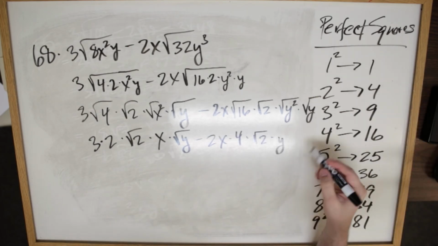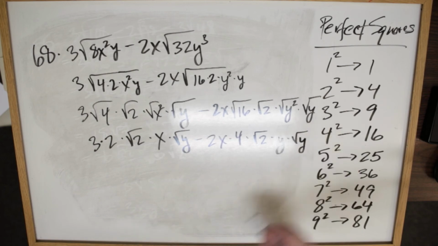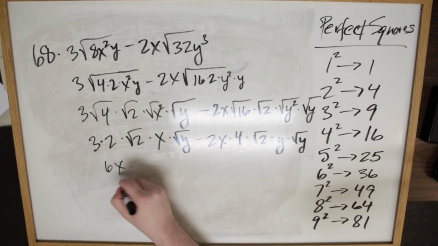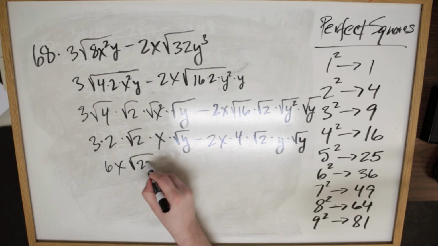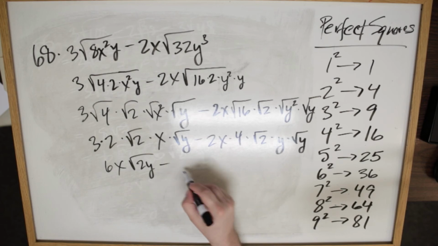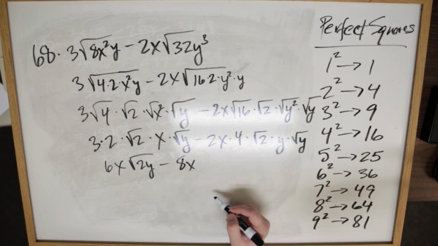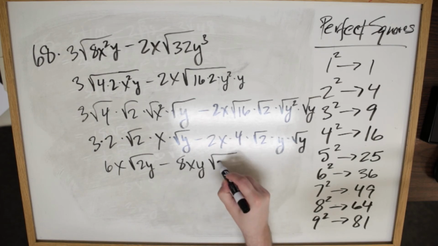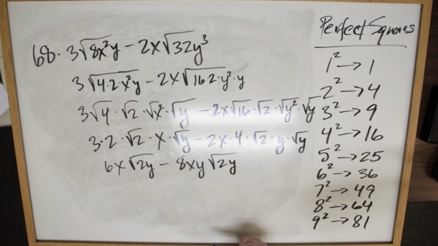So you can kind of see I'm doing this progressively, just working one piece out at a time. 6x times square root 2y, those are both under square roots, minus 2 times 4 is going to be 8x, what are we missing, y times square root 2y.